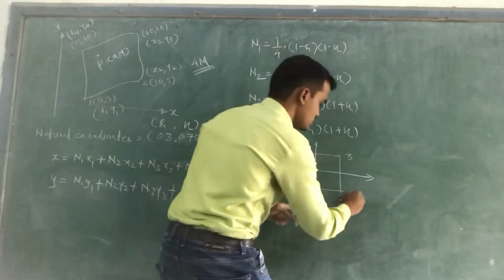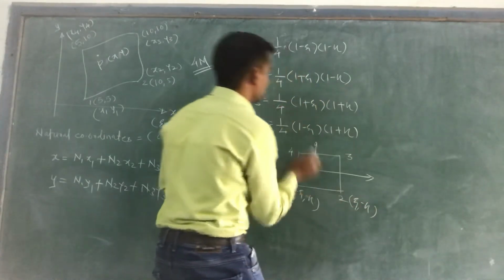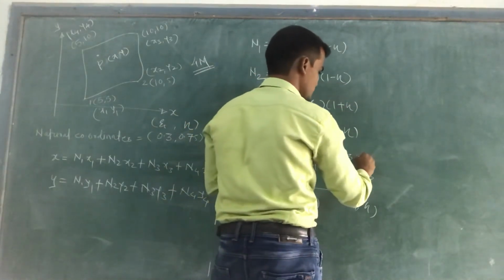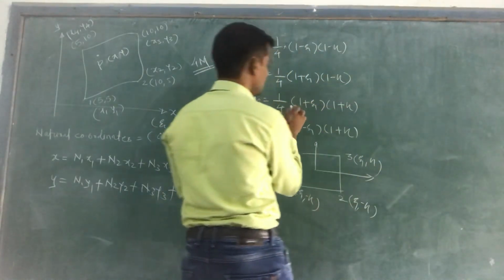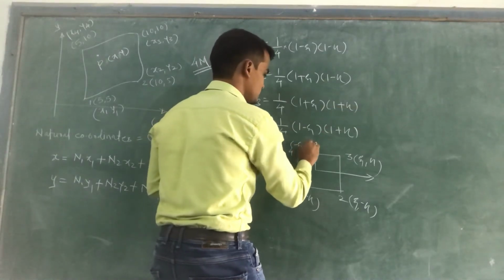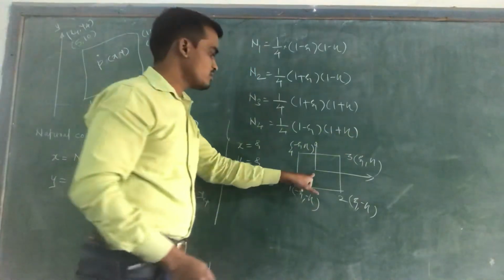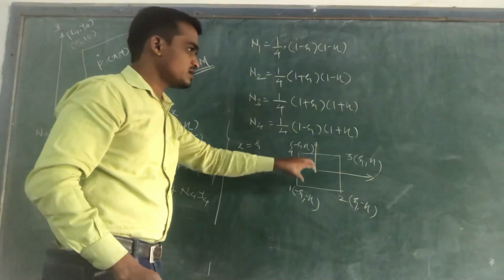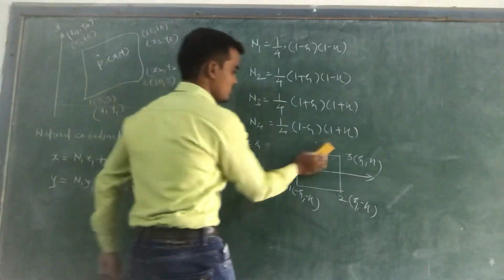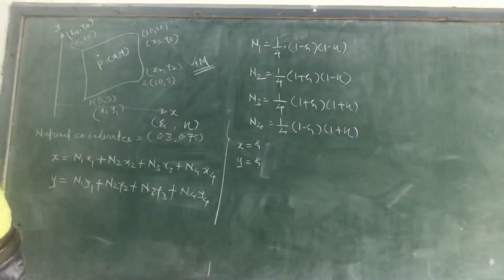Similarly for the second node, plus zeta minus eta, so 1 plus zeta, 1 minus eta. For the third node, both are positive, so 1 plus zeta, 1 plus eta. And for the fourth node, minus zeta plus eta, so 1 minus zeta, 1 plus eta. In this way you can remember these four shape functions N1, N2, N3, N4 for this natural or parent element. So by using zeta and eta you can find N1 to N4 values.